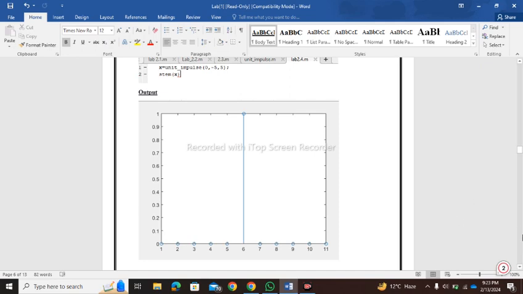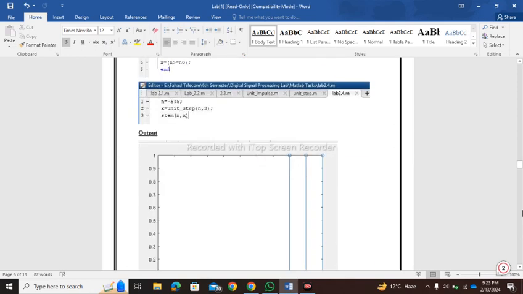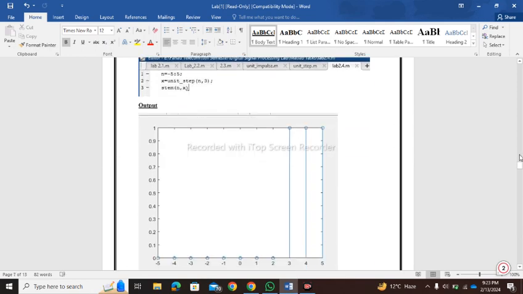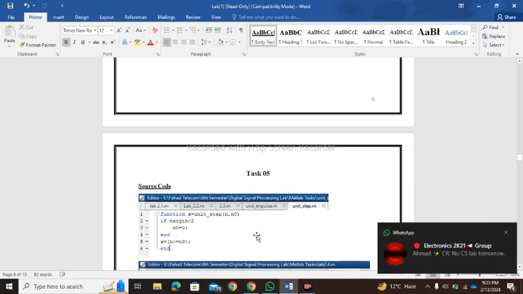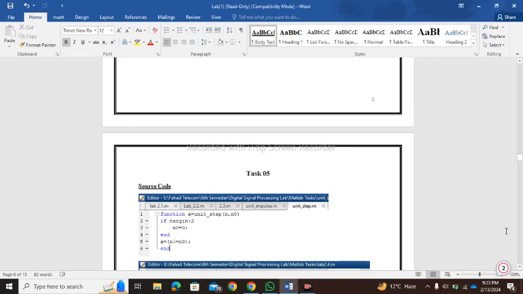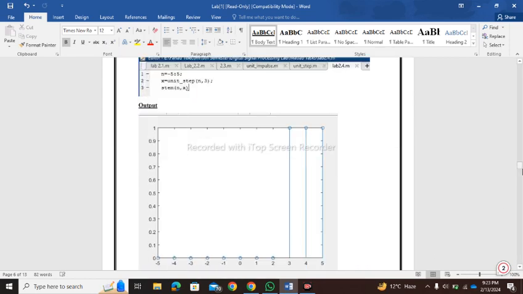This example shows the function's output for n equal to 0 and greater than 0. This is clearly shown in the graph. It will give output only for those values which are greater than 0, otherwise it is 0.